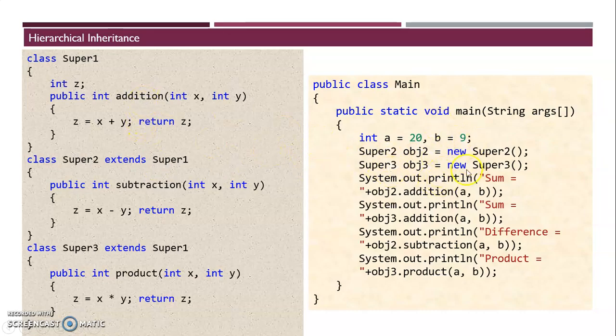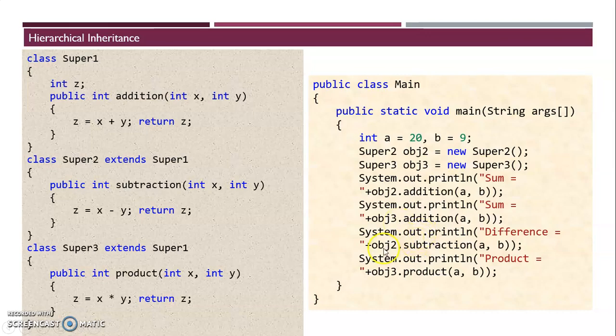So inside the main function that is defined inside the main class, I am defining two objects, one corresponding to super 2 and the second one corresponding to super 3. Using these objects obj2 as well as obj3, I can call this addition. Okay, so this addition is different from that addition in the sense that this addition is a copy that is inside super 2 and that addition is a copy that is inside super 3.